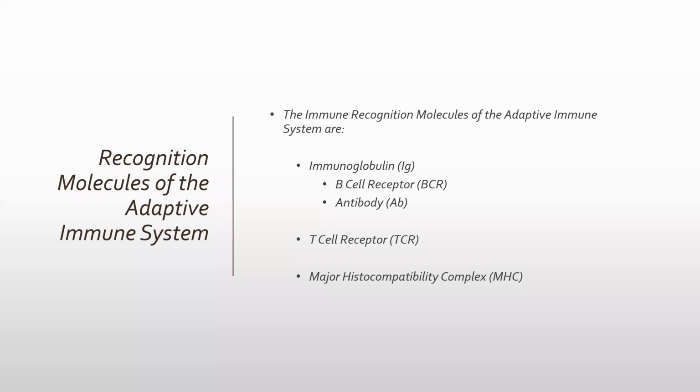There is a specific way the adaptive immune mechanisms recognize the molecules or the pathogens. Now, the B cells, which act through the antibodies, have a B cell receptor.